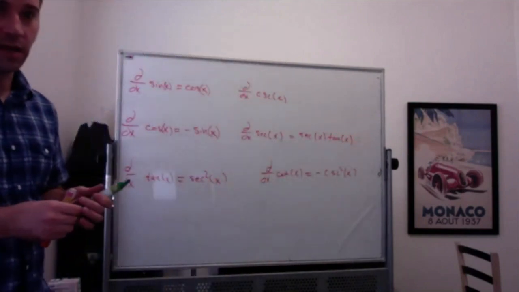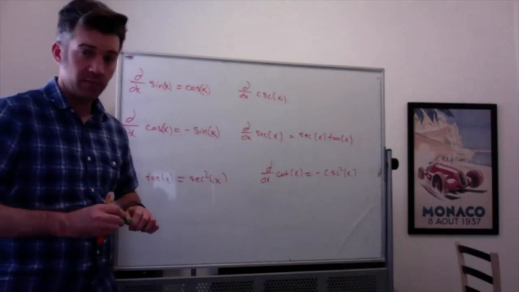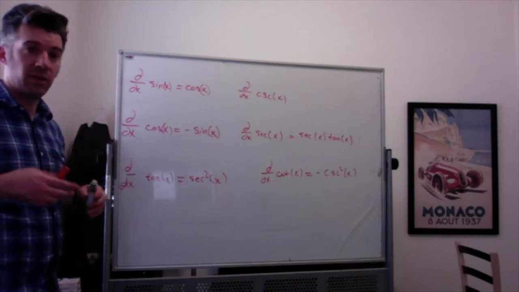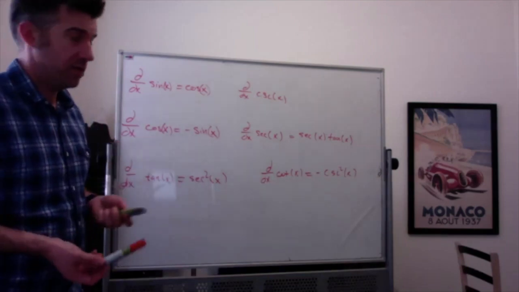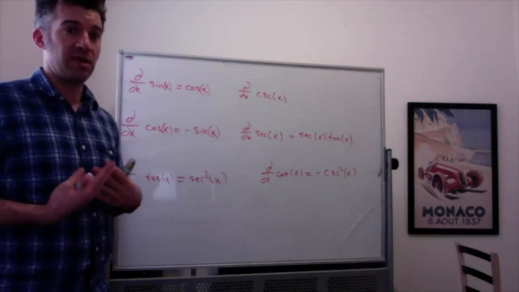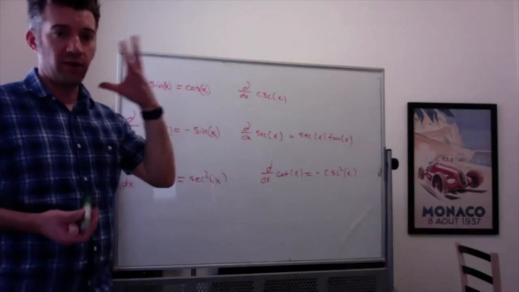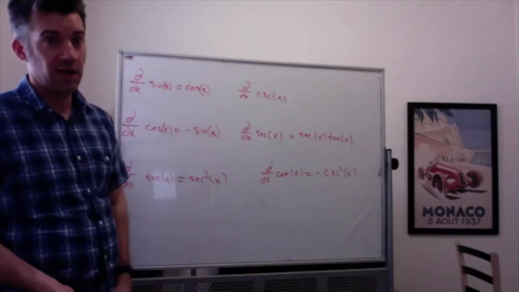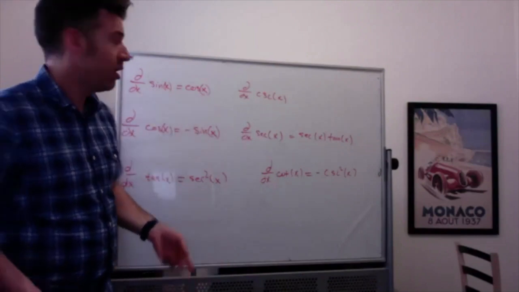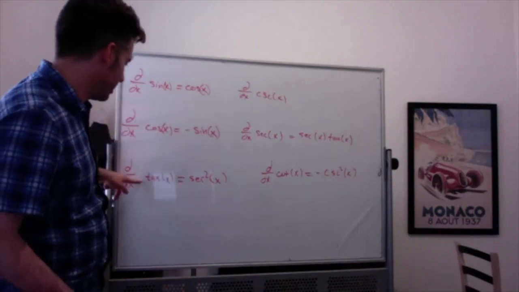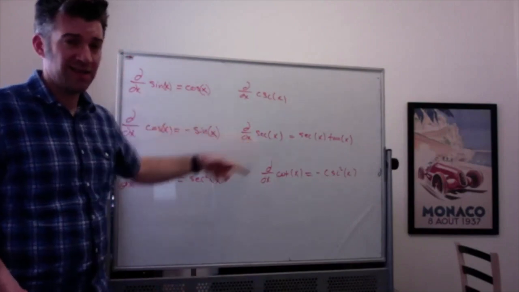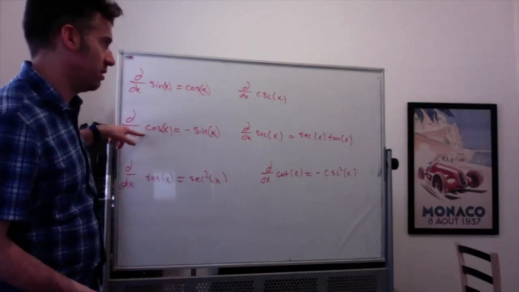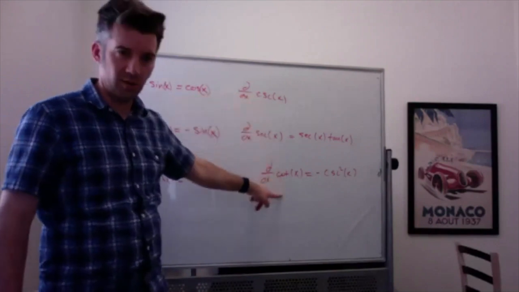And now I'm going to make an observation that I think is worthwhile. This has to do with the way we name trig functions. There are three trig functions and there are three co-functions. The not co-functions are sine, tangent, and secant, because they don't start with a co. The co-functions are cosine, cosecant, and cotangent.